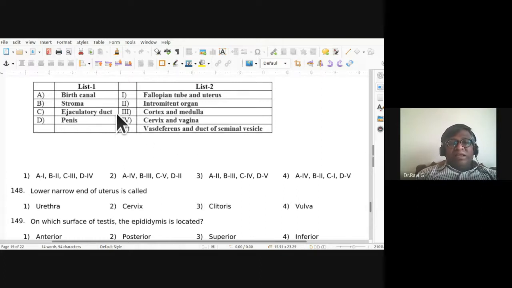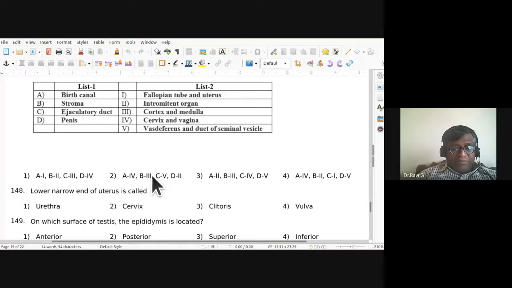Penis is an intromittent organ or copulatory organ. So this is the correct option. A is 4, B is 3: birth canal, cervix and vagina; stroma, cortex and medulla; ejaculatory duct, vas deferens and duct of seminal vesicles; penis, intromittent organ or copulatory organ. So the second one is the right option.